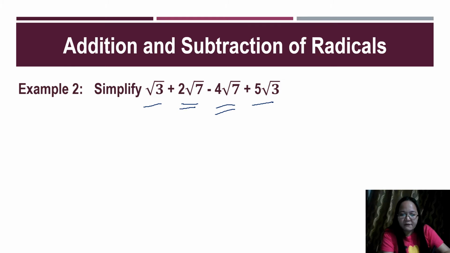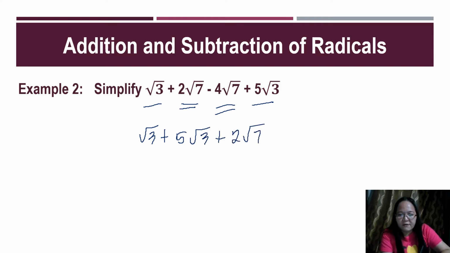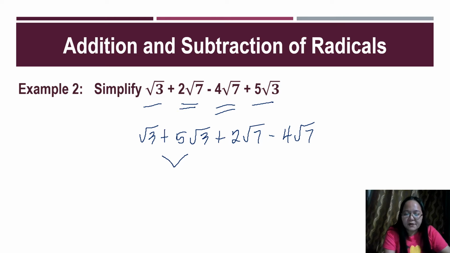So first, we will add square root of 3 and 5 square root of 3. And then we have plus 2 square root of 7 minus 4 square root of 7. Remember that for the first term, square root of 3, it is understood that there is a coefficient 1 here.